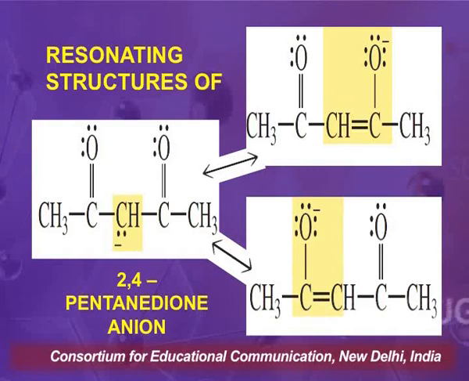So if you try to visualize the resonance hybrid for this structure, you will find that we will have a negative charge on both the oxygens, and a partial double bond will be stretched between oxygen, carbon, CH, again carbon and oxygen. That means the negative charge is delocalized. That means this carbanion is highly stable, and therefore the hydrogens which are attached to the methylene group in this case are acidic in nature.